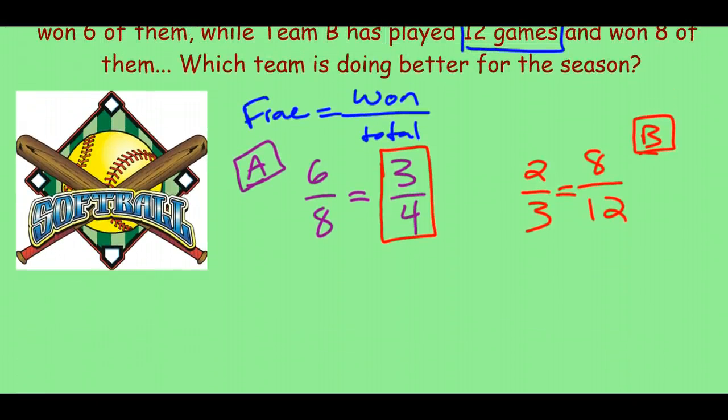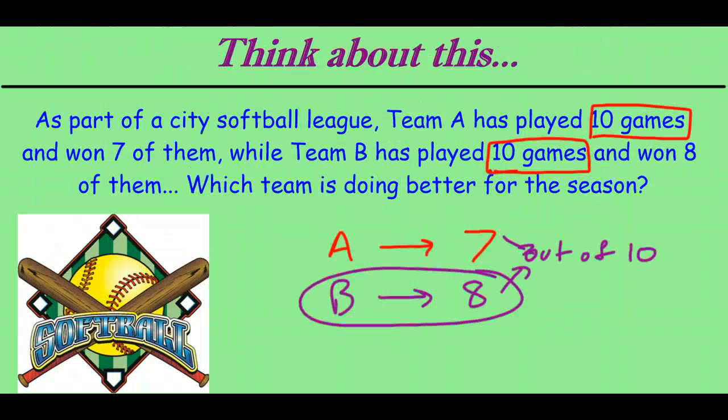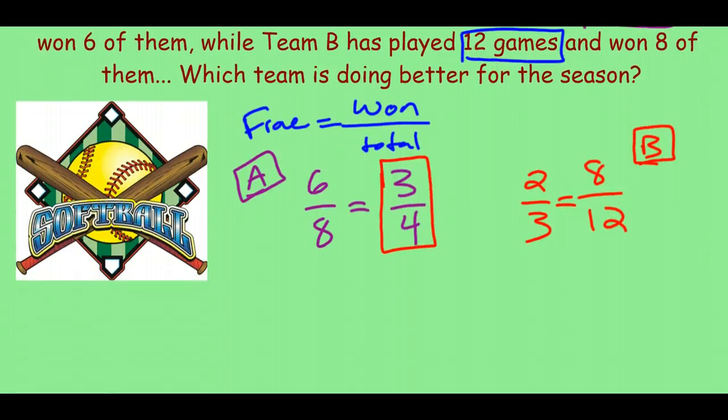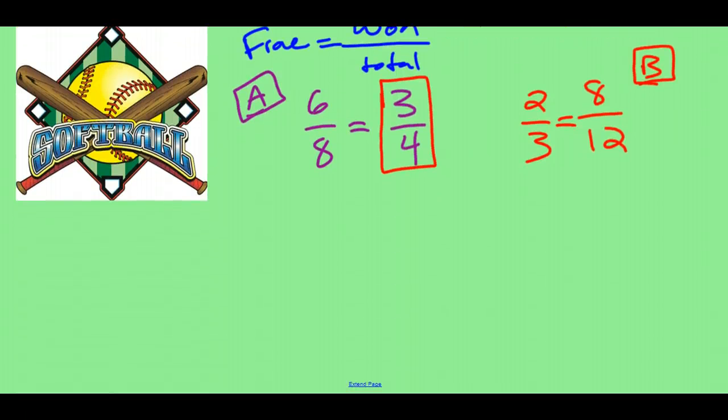But if we want to find a way of really saying this, we would have to find a way of comparing these fractions. Now, the fractions we had before, where they were both out of 10, are very nice because Team A then would be 7/10, and Team B would be 8/10. So we might want to consider taking these fractions and finding a common denominator. Because if we have a common denominator, we can tell exactly which fraction is greater.